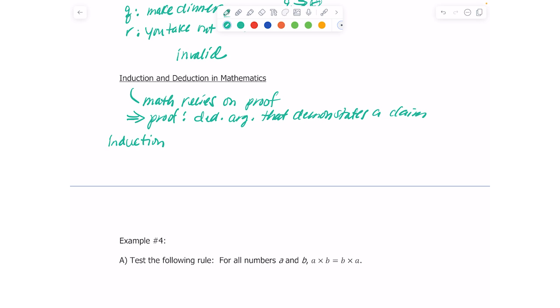And induction helps in discovering patterns and conjectures. Okay, and then you have deduction, which is used to prove the conjectures.